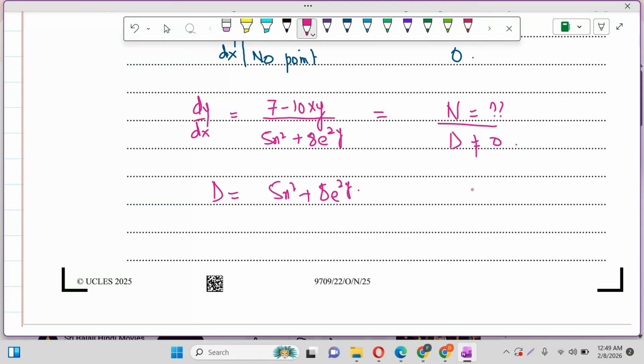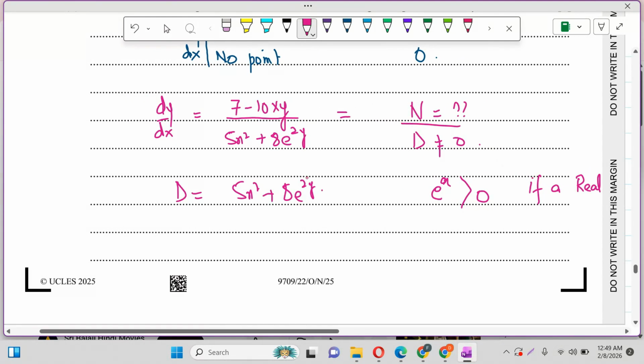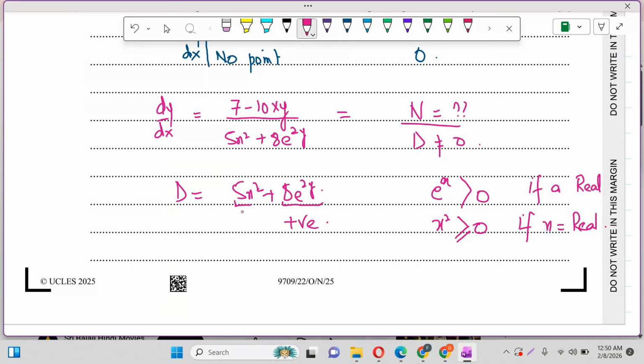Okay, we know that exponential of a is greater than 0 if a is a real number. So this value will always be positive. Secondly, 5 times x squared. We know that x squared will always be greater than or equal to 0 if x is a real value. So we can say that 5x squared will always be equal to 0 or greater than 0.